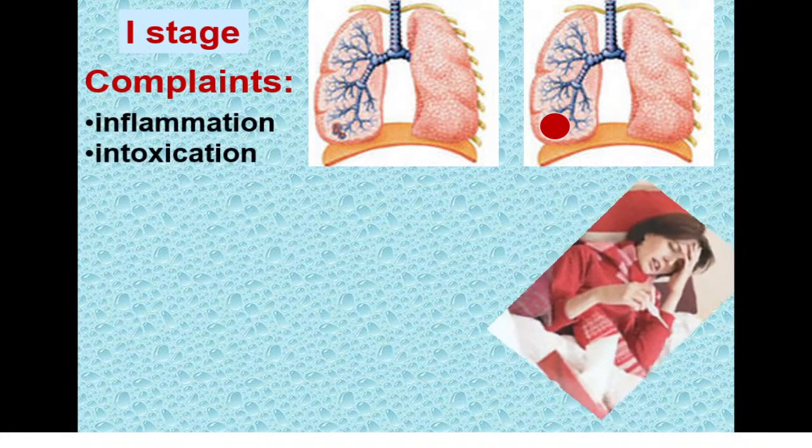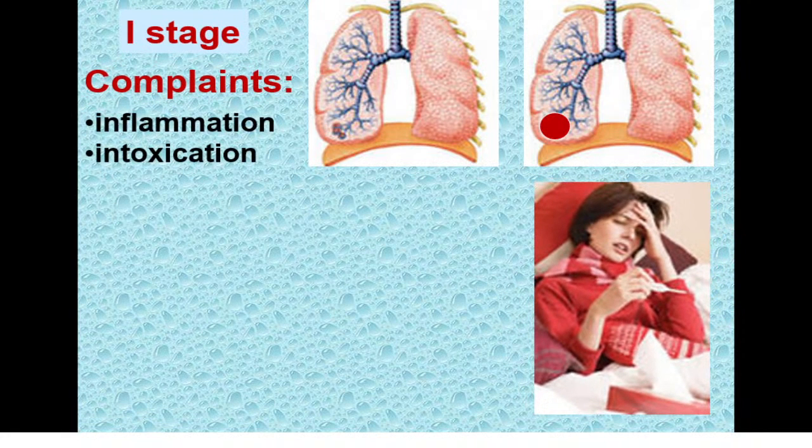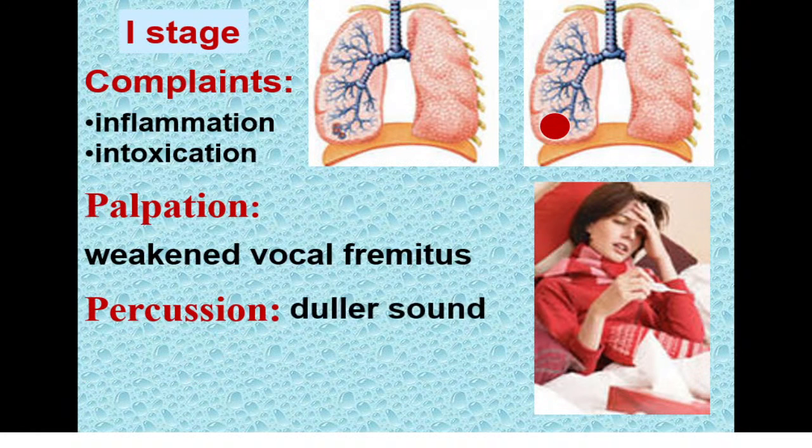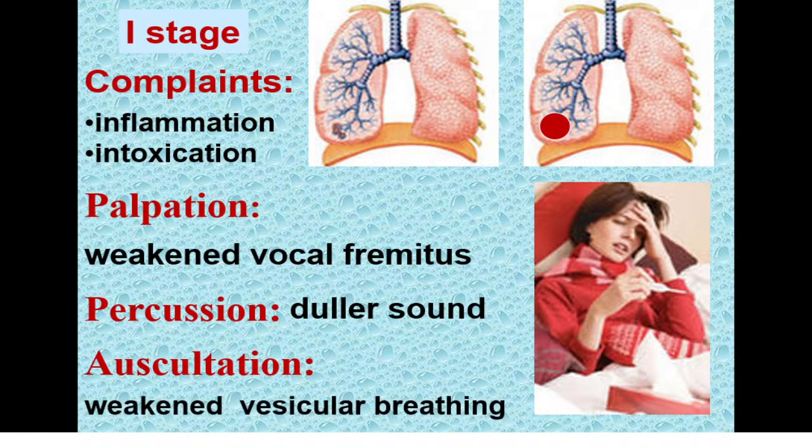Patient complains of signs of inflammation and intoxication. You named the group of complaints which is characteristic for this syndrome, which was explained 1 minute ago. On palpation there will be weakened vocal fremitus, on percussion dull sound, on auscultation weakened vesicular breathing.